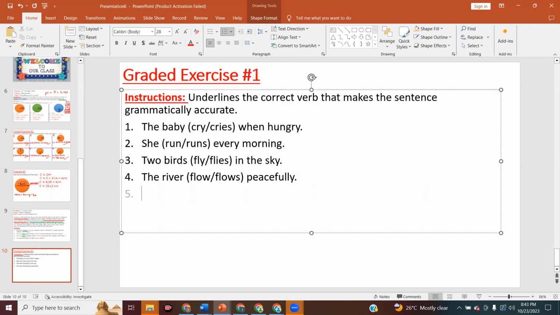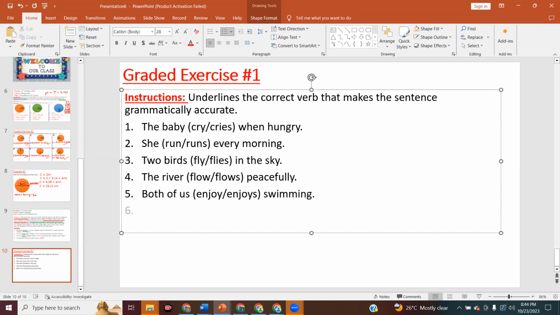Number five. Both of us enjoy, enjoys swimming.